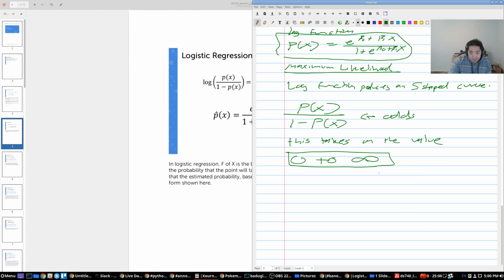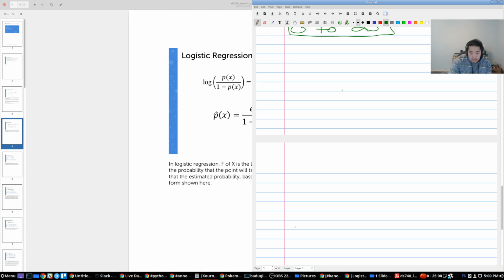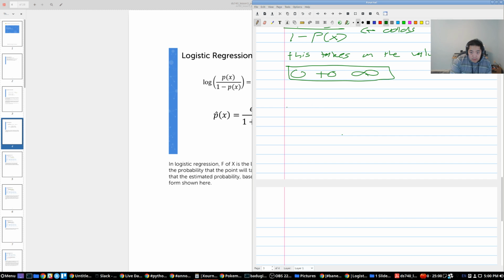This is an example right here. So for example, I'm going to use this blue. So 1 in 5 people, a quarter, whoops, that's not a quarter.